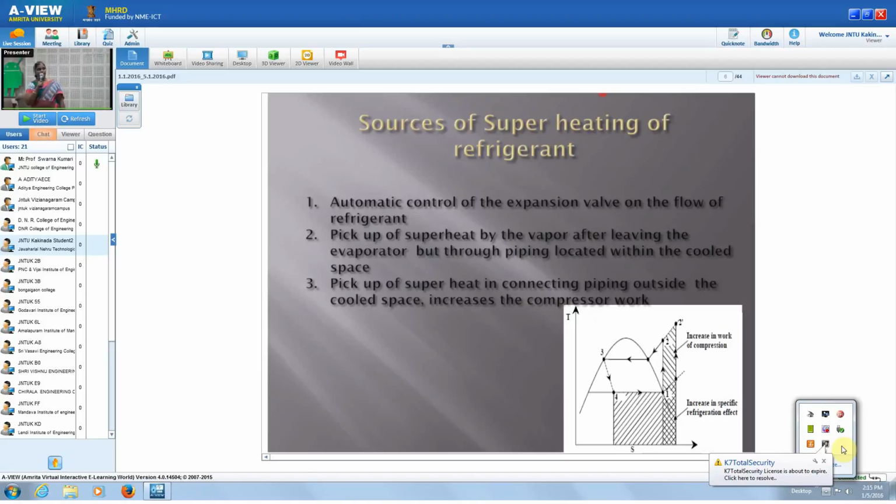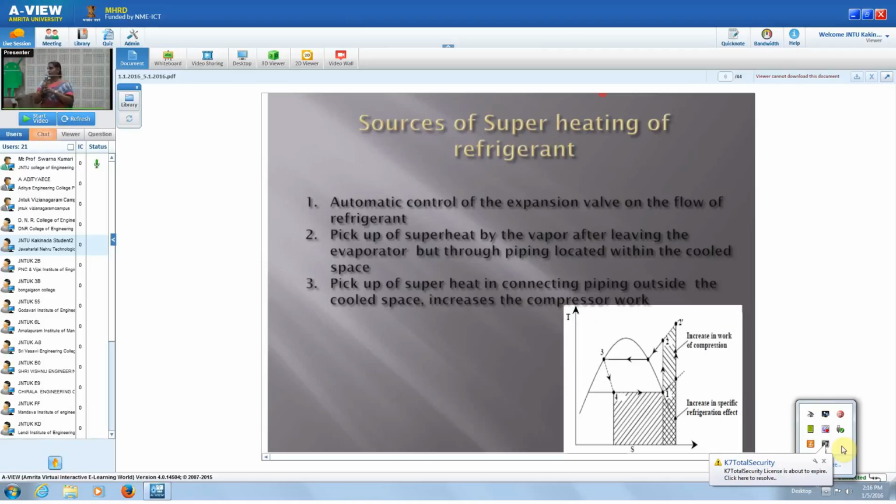Let us see what are the various sources of superheating of the refrigerant. So there is automatic control of the expansion valve on the flow of the refrigerant. Whenever there is automatic control, it may lead to superheating of the refrigerant at the suction of the compressor, and pickup of superheat by the vapor after leaving the evaporator, while passing through the piping located within the cool space.